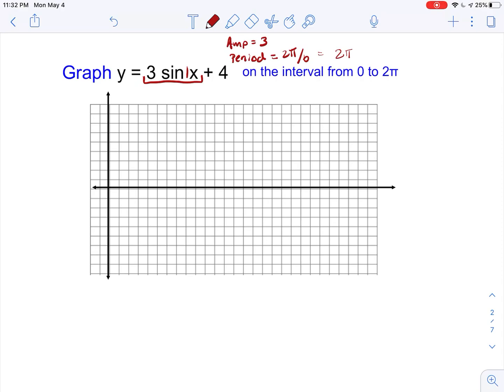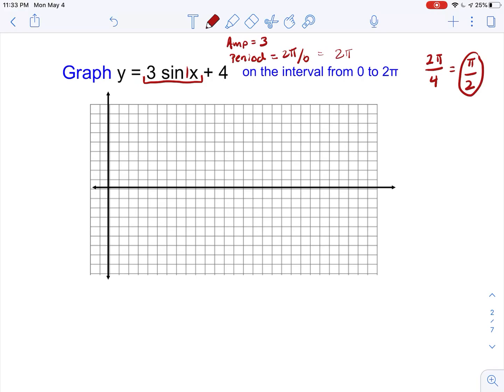So my period is 2 pi. The next thing we did was we looked for what our interval will be on our x-axis, which we did by taking 2 pi and dividing it by 4. So all of our major points, our zeros, our maxes, and our mins are going to be pi over 2 units away from each other.